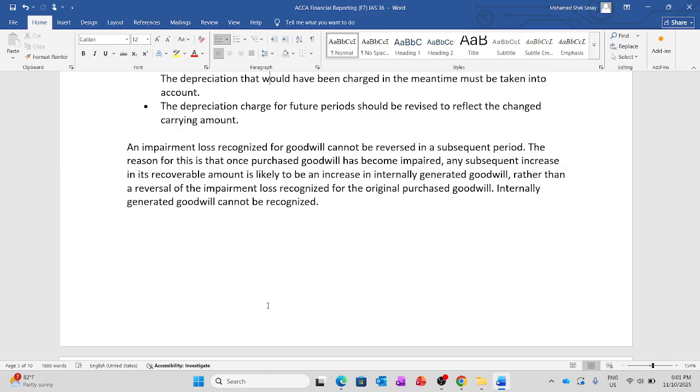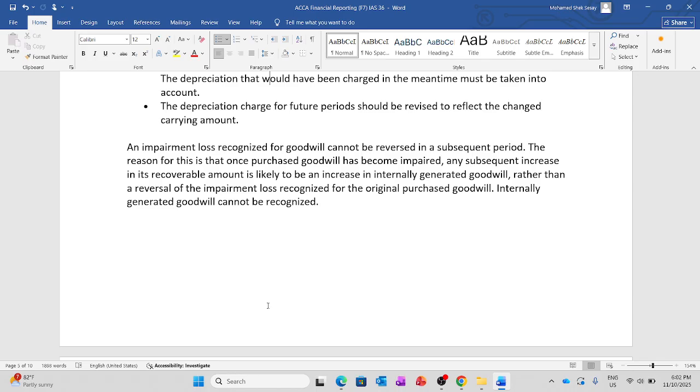An impairment loss recognized for goodwill. Very important point. An impairment loss recognized for goodwill cannot be reversed in a subsequent period. The reason for this is that once purchased goodwill has been impaired, any subsequent increase in the recoverable amount is likely to be an increase in internally generated goodwill.